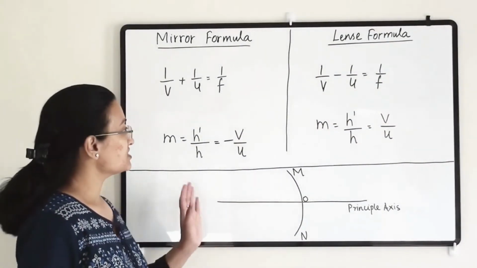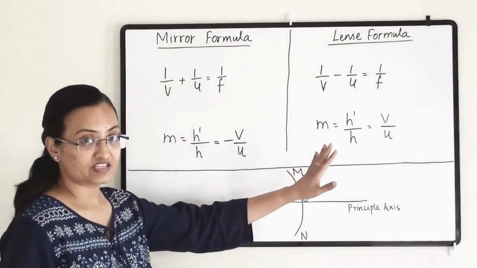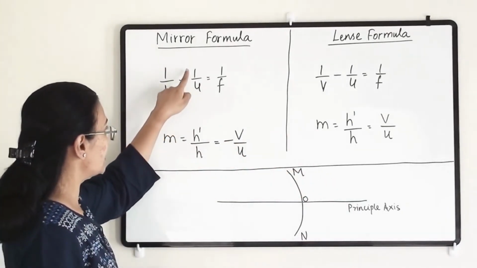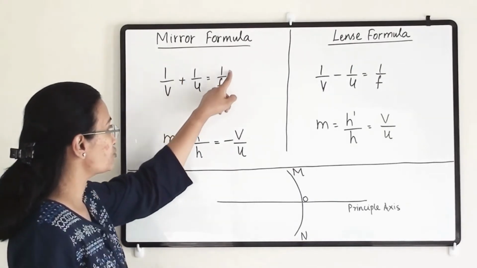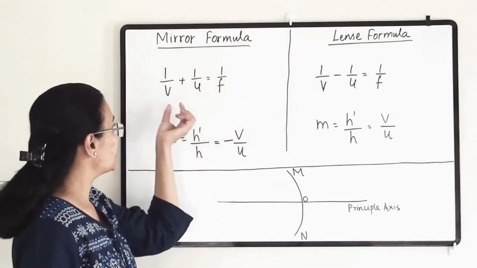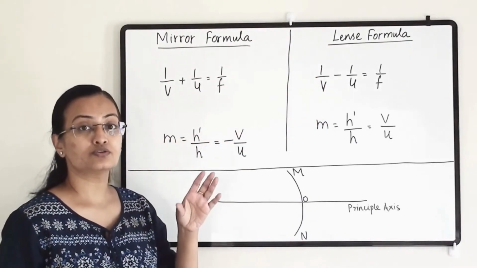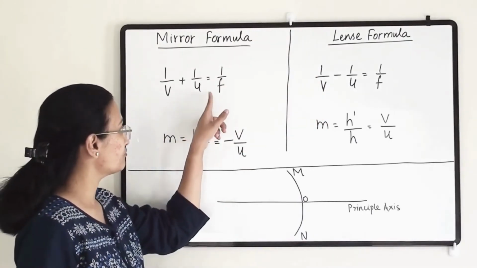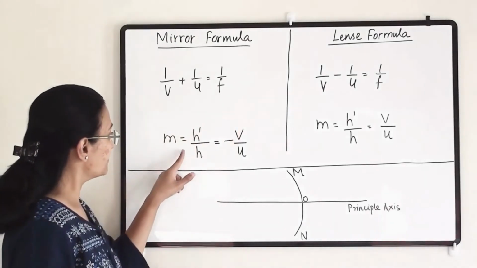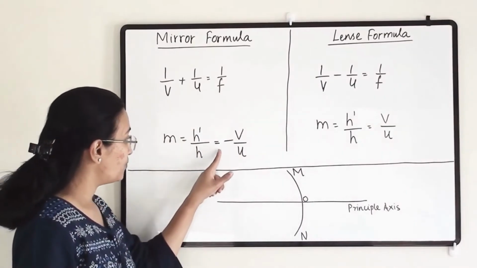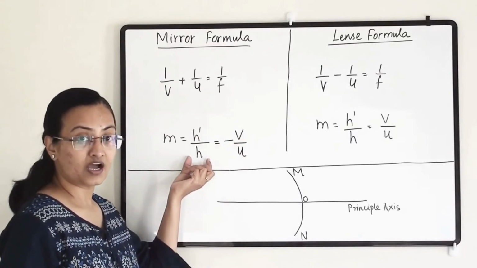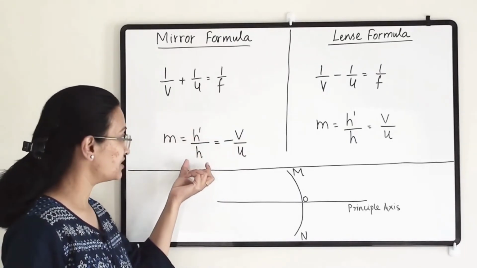Now these are the differences between the mirror formula and the lens formula. Here 1 divided by V, here the plus sign is there, then 1 divided by U equals 1 divided by F. Whereas here the negative sign is there, where V is the distance of the image, U is the distance of the object, and F is the focal length. The magnification formula is H dash by H, and minus V by U. H dash and H refer to the height of image and object respectively.